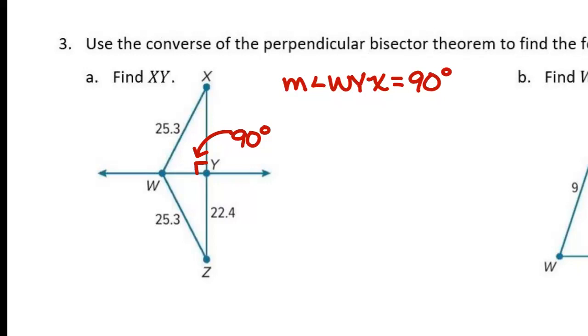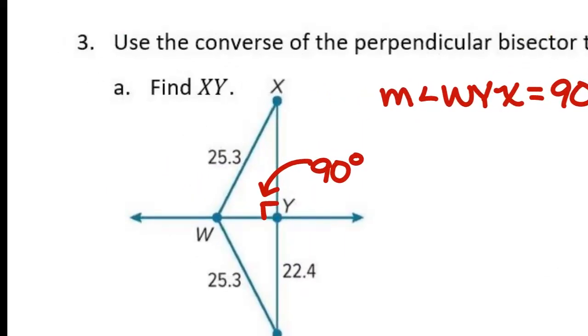It's not an angle bisector necessarily. I don't know that it's an angle bisector. How do you know from what's in the picture? It's not a perpendicular bisector just because it's perpendicular. It is perpendicular though. Because of the right angle, that means it's perpendicular, but that does not mean it's a bisector. What is it that tips us off to it being a bisector?